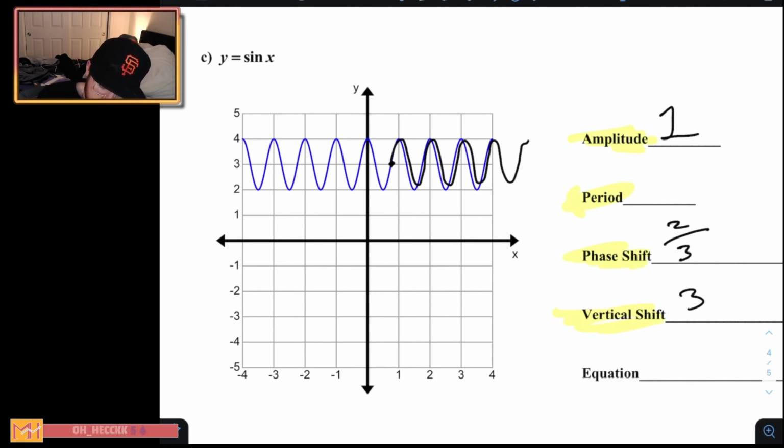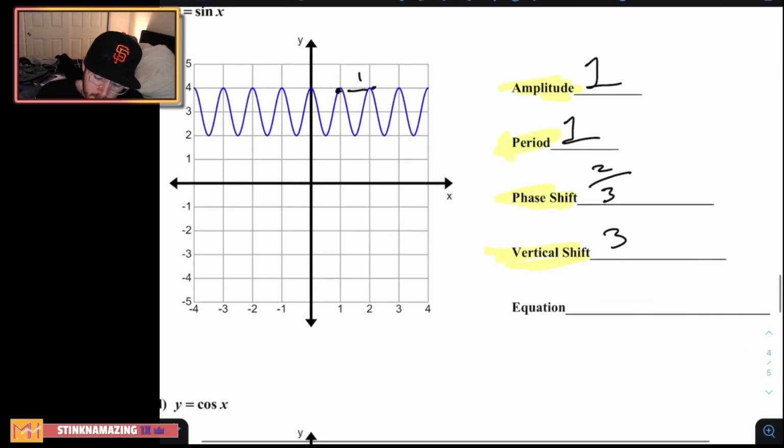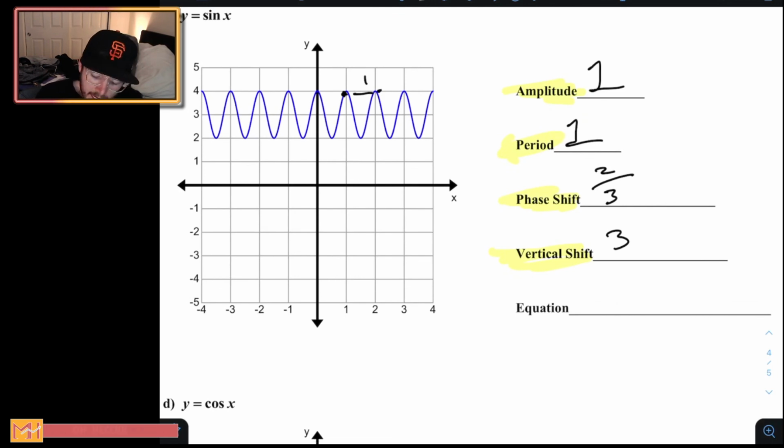And our period is how long? Starting here and ending here. It looks just like 1, basically, right? It's actually better to look at the tops. How far are the tops apart? 1. Right? See that? So the period's 1. Now, how do you make a period 1? That means the b value is 2 pi, because when you do 2 pi divided by 2 pi, you get 1.